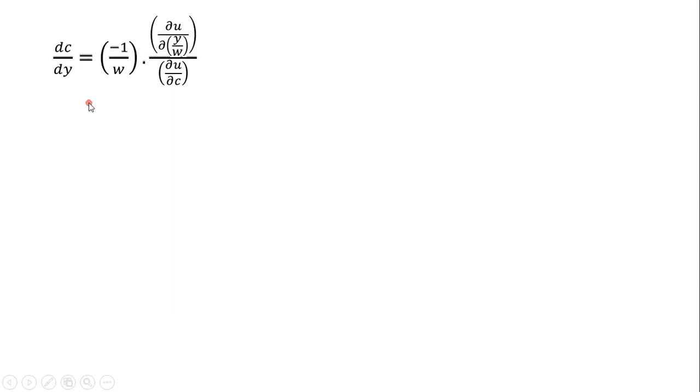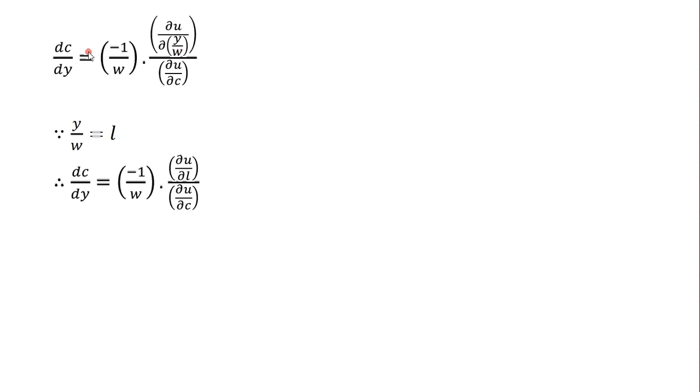If we derive this, we get minus 1 by W into this ratio. In the given part, Y by W is equal to labor supply, so we can substitute L instead of Y by W. So we get this: the ratio of the marginal utility of labor supply divided by the marginal utility of consumption.